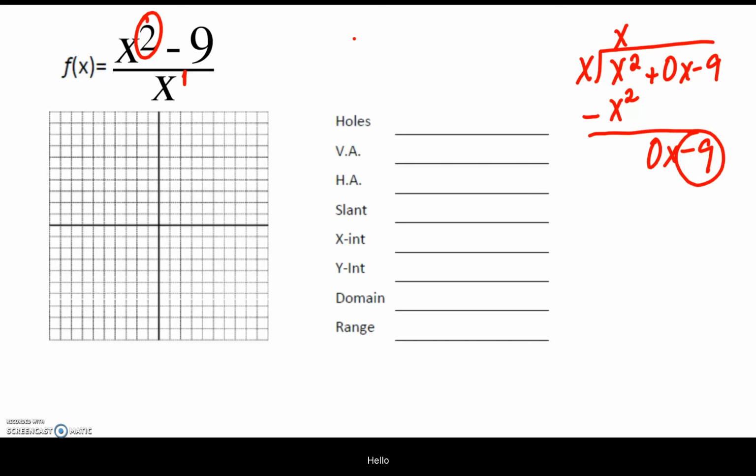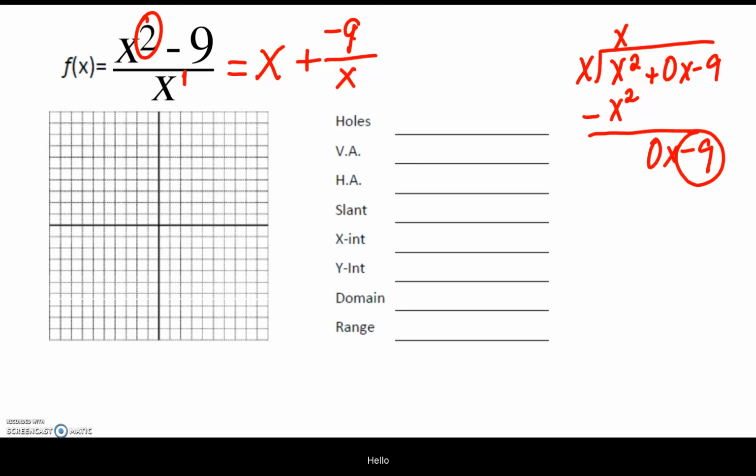So in other words, we're saying that this fraction is the same thing as the quotient of x plus the remainder negative 9 over your original divisor x. X plus negative 9 over x. Now remember, when we're talking about end behavior, we're talking about what happens to the function when x gets very large and positive or as x gets very large and negative.